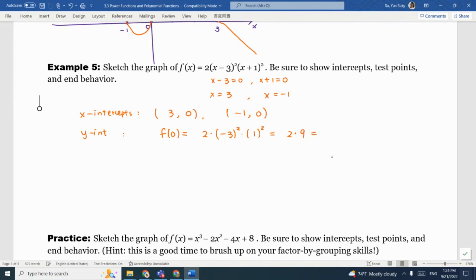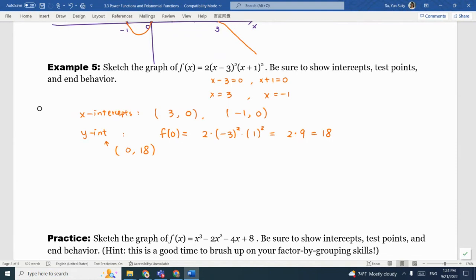What's 2 times 9? 18. So the y-intercept is a point where the x-coordinate is 0. So 0, 18. Is that okay, everybody?